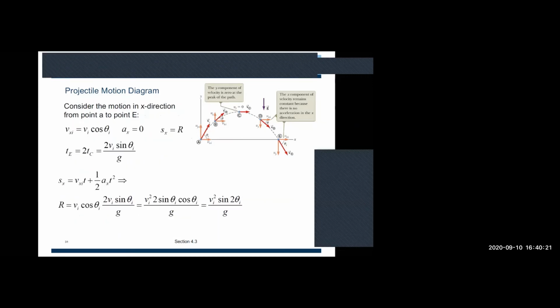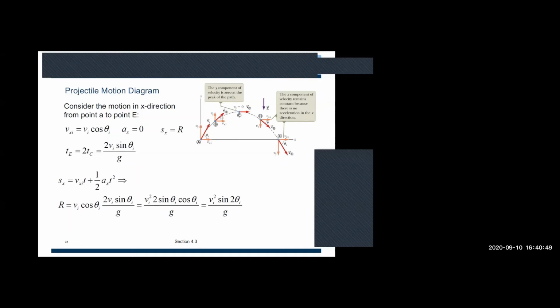Next step, we try to consider the range. Now, to consider the range, we need to consider the x-direction motion. This x-direction motion is not under any acceleration. So the velocity is constant along the x-axis.